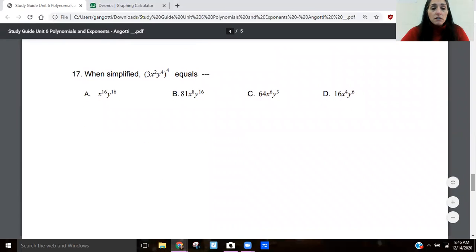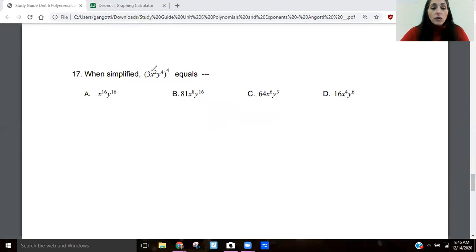Number 17. So this is power to a power. What do we have here? Power to a power. Don't forget that 3 has a little 1 right there. So 1 times 4, 2 times 4, and 4 times 4. So you should get 3 to the 4th, x to the 2 times 4, which is going to be 8, and then y to the 4 times 4, which is going to be 16.